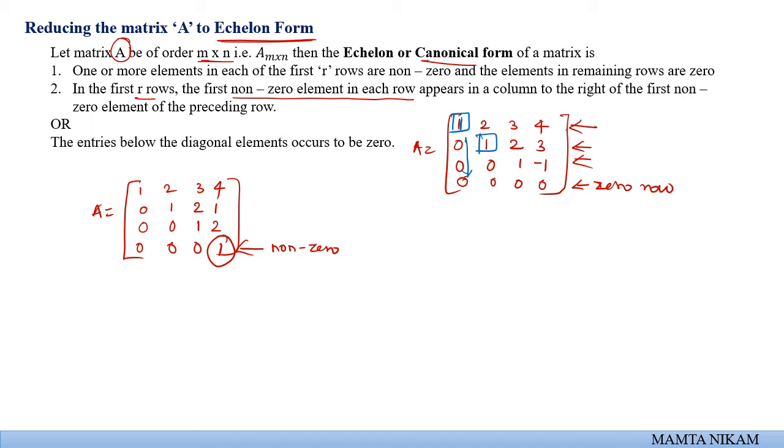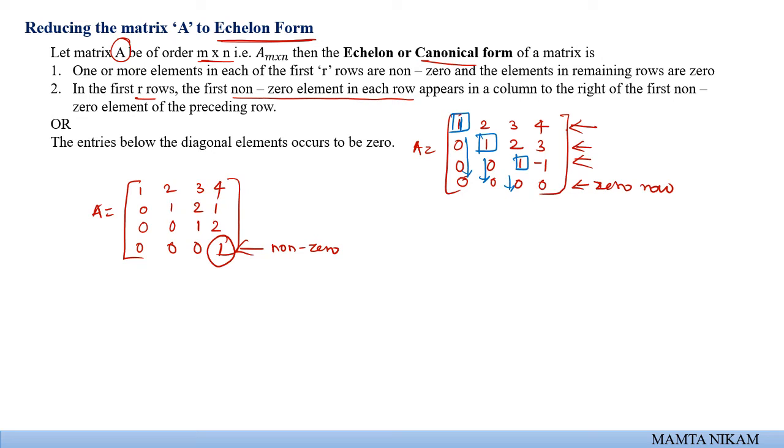Again in the second row, the first element is non-zero and all the elements below it are zero. Similarly, in the third row, the first element is non-zero and all the elements below it are zero. Such a form of matrix is known as an echelon form of a matrix. Or you can also remember it as the elements below the diagonal are 0. Not necessarily every time is the diagonal element present, it can also turn out to be 0.